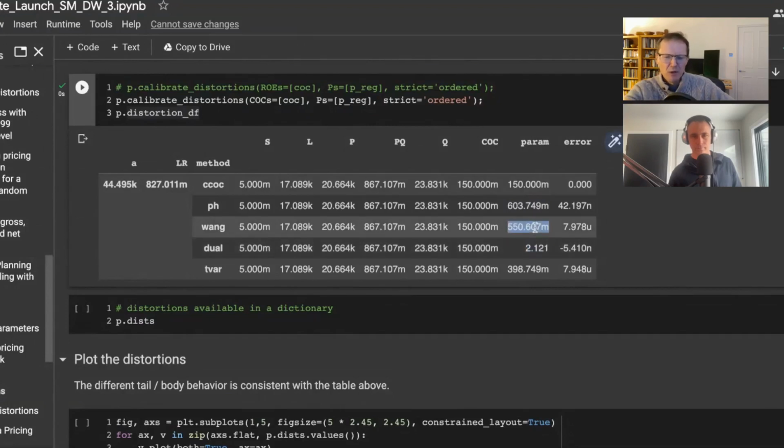Previously we looked at dual with a parameter of like 1.9 something, so somewhere around 2 is a fairly common value. And then the TVaR, 0.398, is in a way the most interesting one. That's saying I can price by ignoring the best 39.8% of outcomes and just averaging the worst 60% of outcomes.